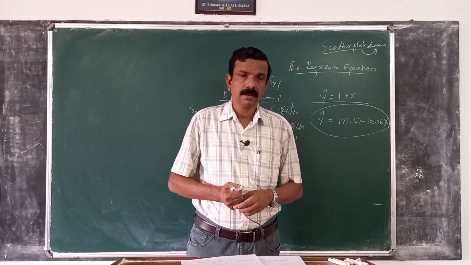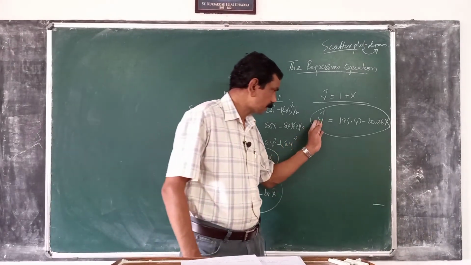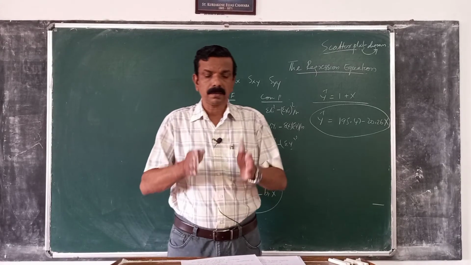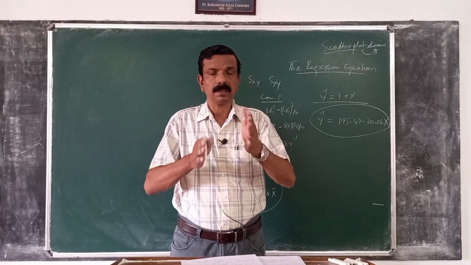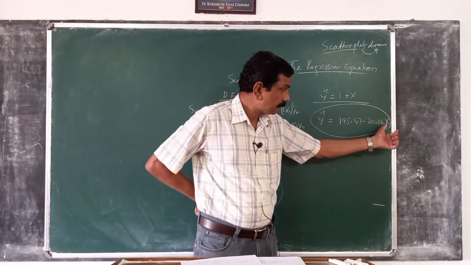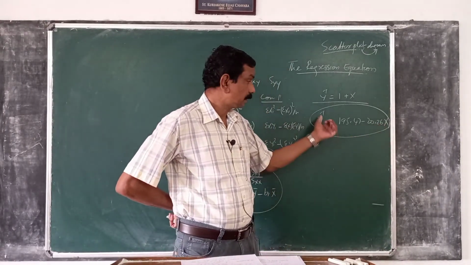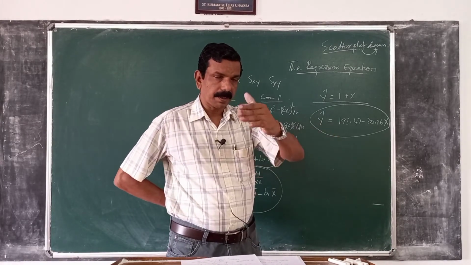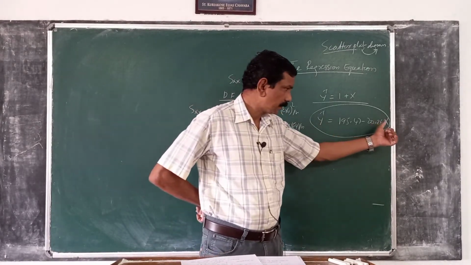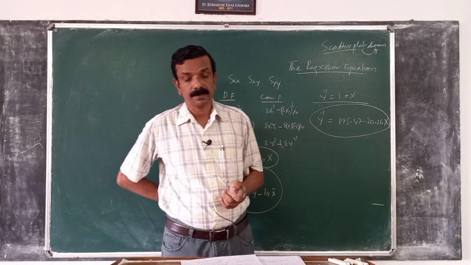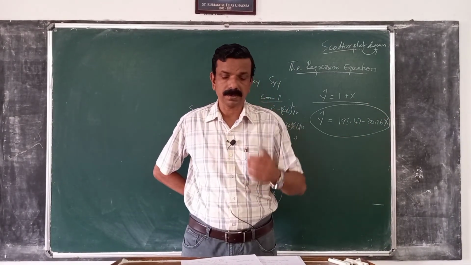And even though we define y as the dependent and x as the independent variable, in the context of regression analysis, we call x the predictor variable and y the response variable. That is the terminology used.